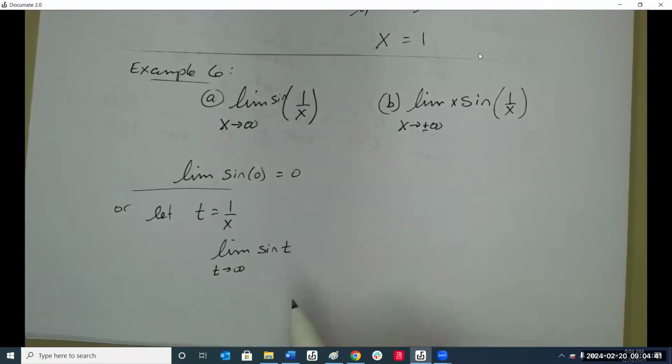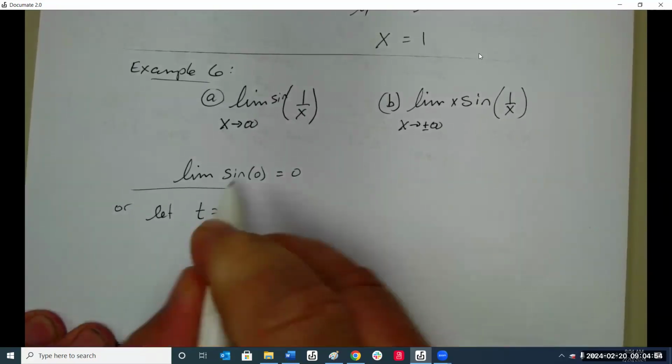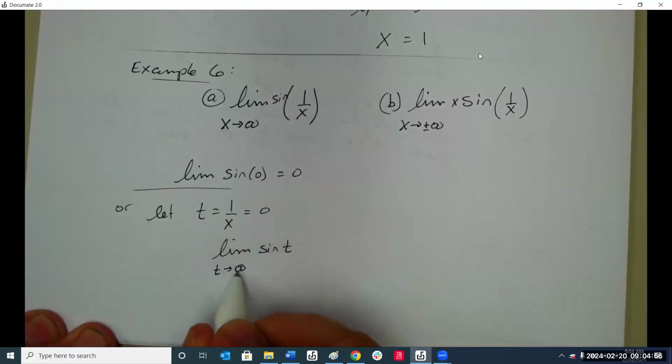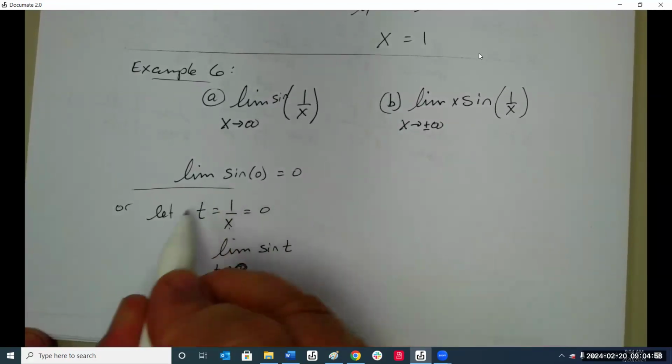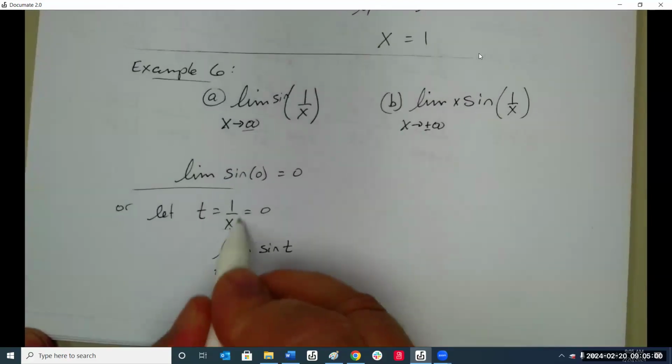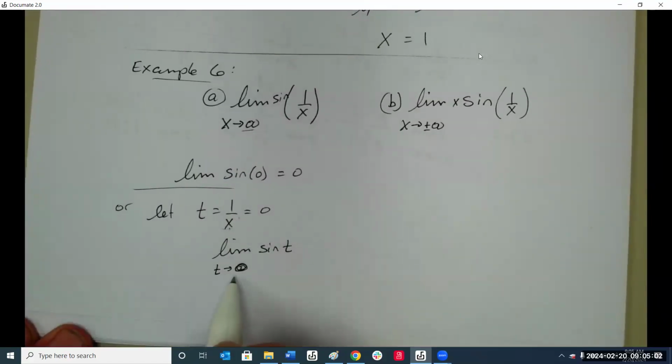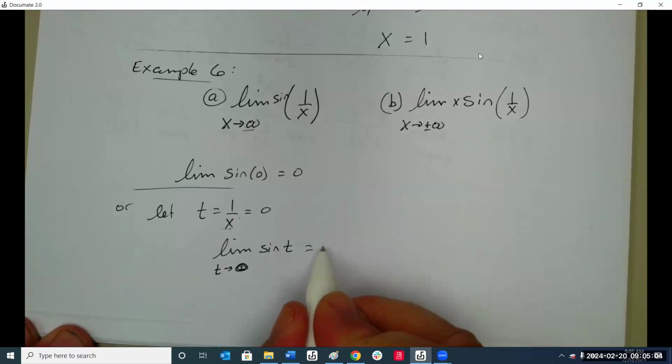So as x goes to infinity, what do we have there? No, this one would be going to 0, because as x goes to infinity, t goes to 0. So as t goes to 0, sine of 0 is 0.